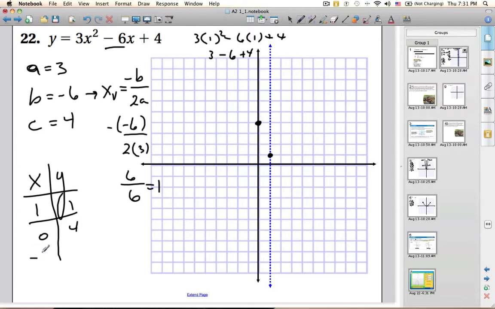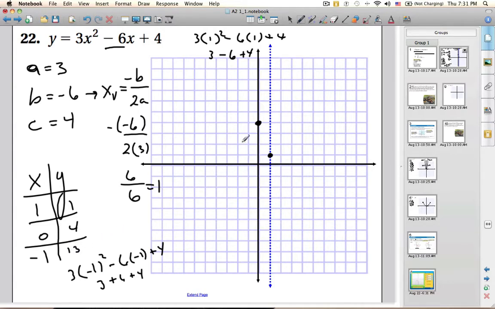And if I choose to pick -1, I will have picked 2 points to the left of my vertex. So if I have 3 times -1 squared minus 6 times -1 plus 4, -1 squared is 1 times 3 is 3, minus 6 times -1, that's minus -6 is plus 6, plus 4, I'll have 13 as this value.